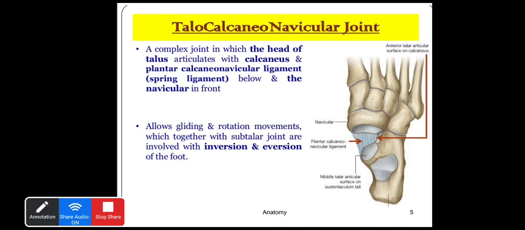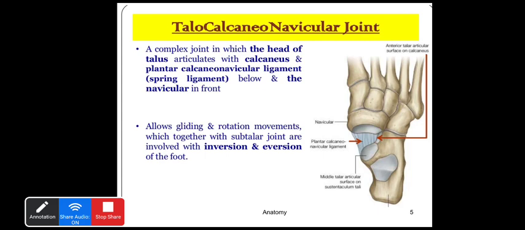There is an important ligament called the spring ligament, which supports the head of the talus, apart from the sustentaculum tali. The spring ligament is anatomically called the plantar calcaneonavicular ligament.